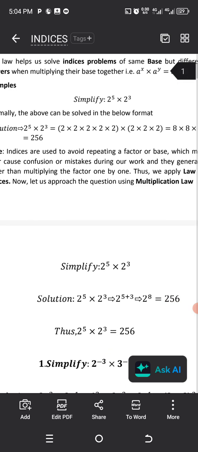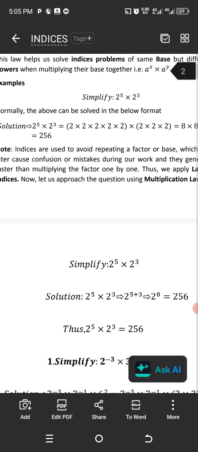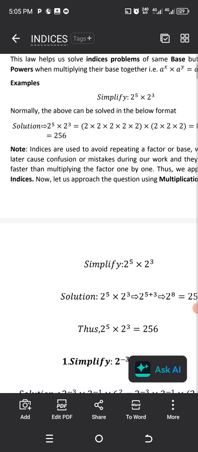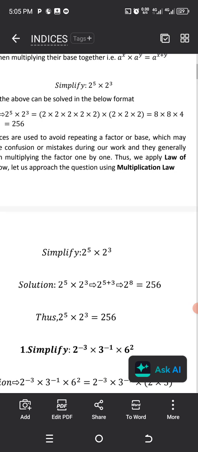That is the basic benefit of applying indices, especially using the laws of indices. It reduces the stress of repeating numbers and avoids confusion in the long run. So you must apply all these laws.